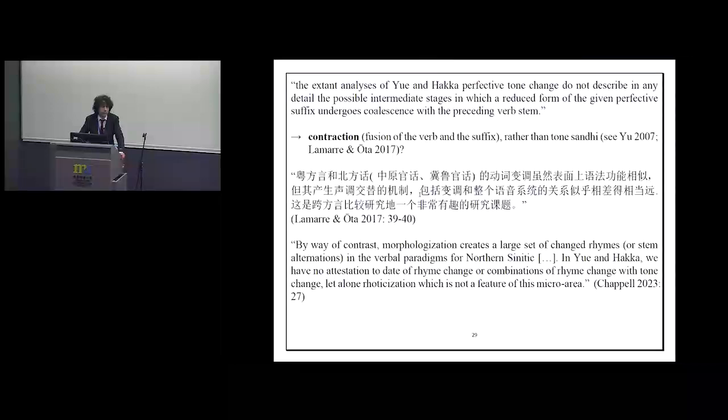That's what they say, and they are kind of agnostic. They just say that this is a very interesting research topic for comparative dialect study, but they don't provide an answer in that paper.